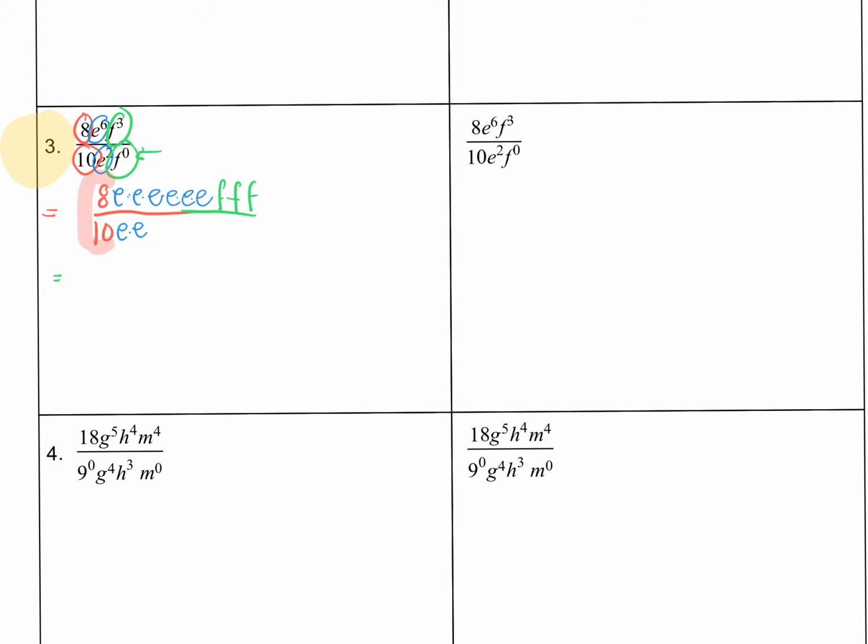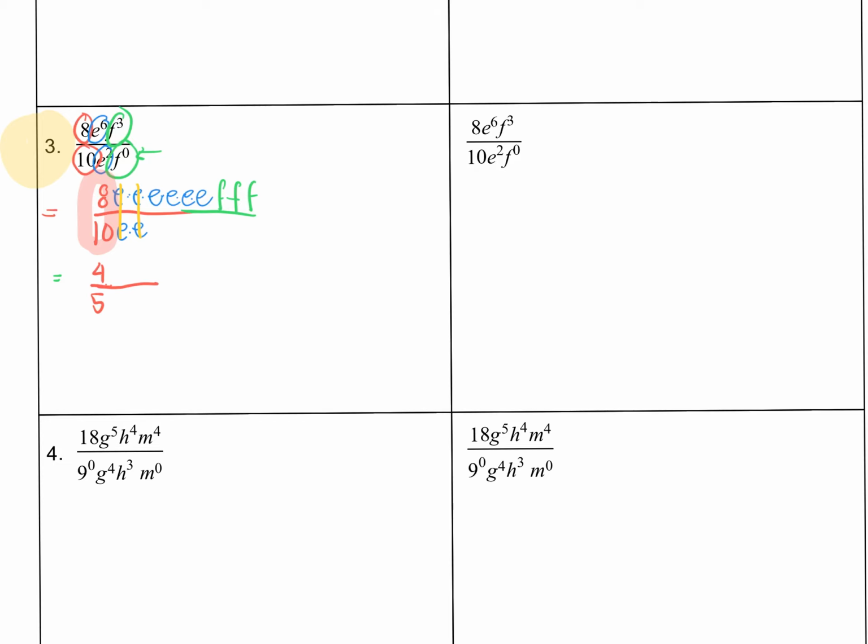So if I put 8 over 10 in my calculator, it should give me a fraction, and it should reduce to 4 over 5. I also want to now see, are there things on the top and the bottom that are the same? So if there are, they're going to reduce and cancel out to 1. So these are the same, e and e. These are also the same.